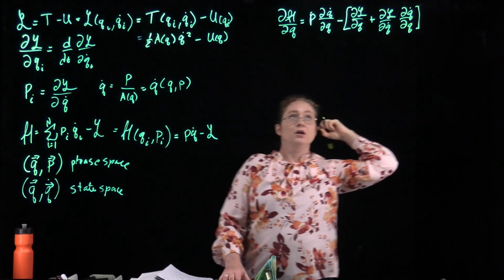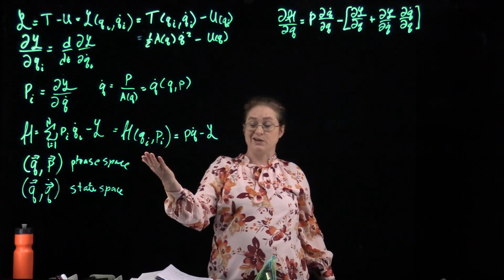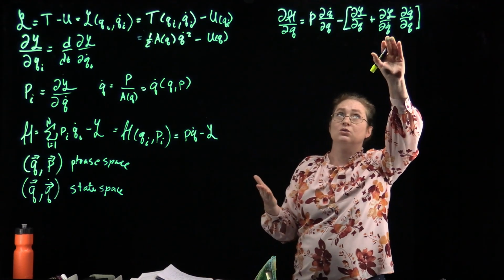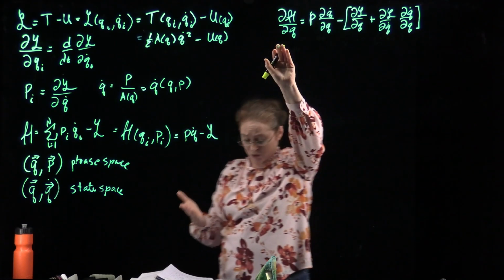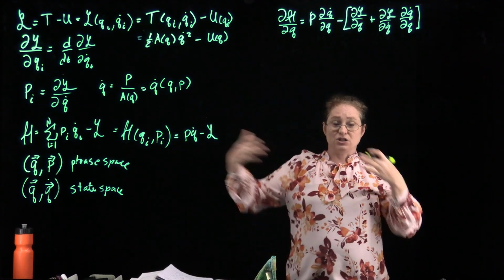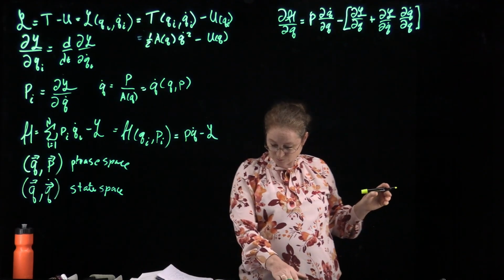And then here, we don't have to worry about the p's because we have chosen to express our Hamiltonian as a function of p and q, but we do not want the q̇ dependence in our partial derivative of our Hamiltonian because H is not a function of q̇. We have chosen to stick with q and p.